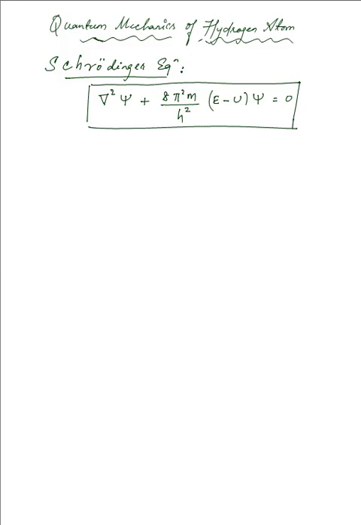It was given by Max Born in 1926, and he suggested that, as per his interpretation, the probability of finding the particle within an elementary volume d tau is given by psi squared d tau, and that when integrated over the entire space must be unity because the particle is obviously present somewhere.